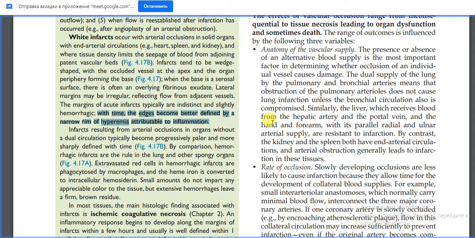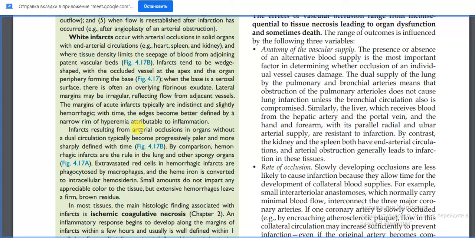Blood vessel formation is promoted by inflammation, so every infarction area, even in coagulative necrosis, is surrounded by these blood vessels and undergoes hyperemia, and so it heals.